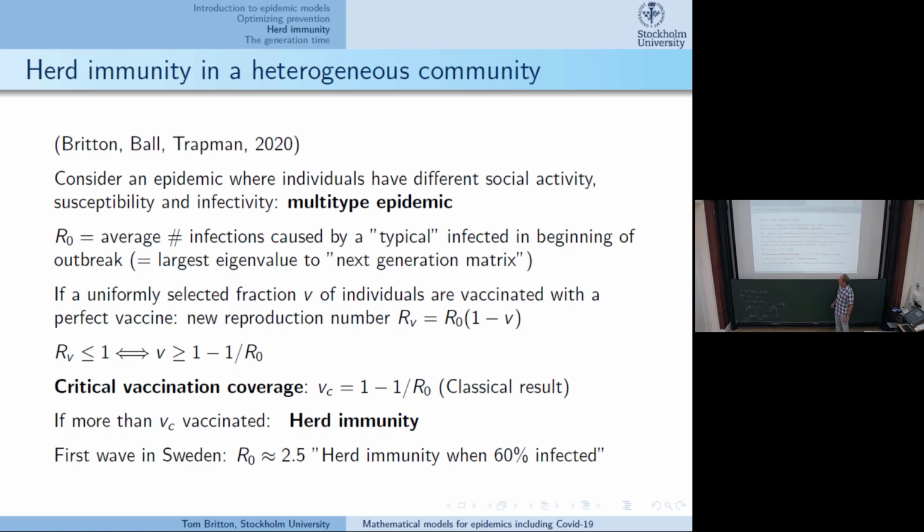This applies to childhood diseases. For instance, measles has an R0 which approximately equals 15. Of course, it varies in different countries, in different cities, whatever. But of the order 15, so 1 minus 1 over 15 is 14 divided by 15, and that is 93%.